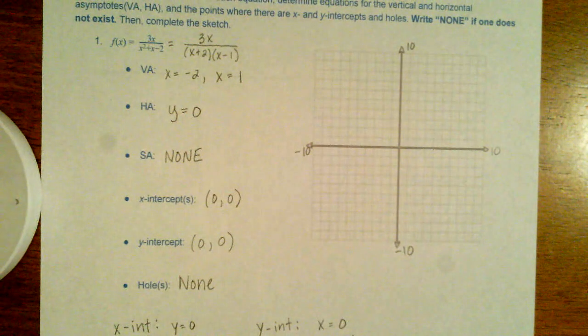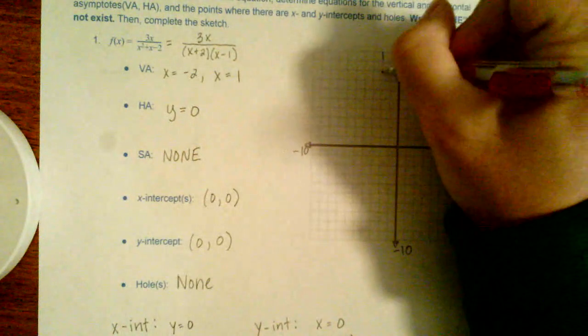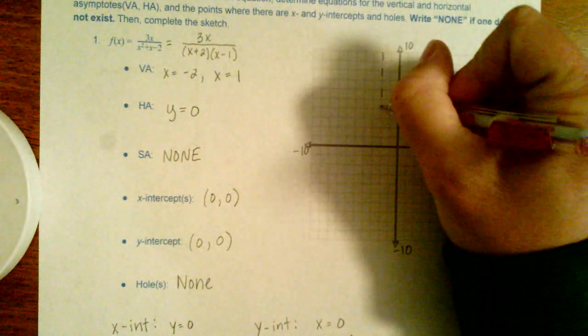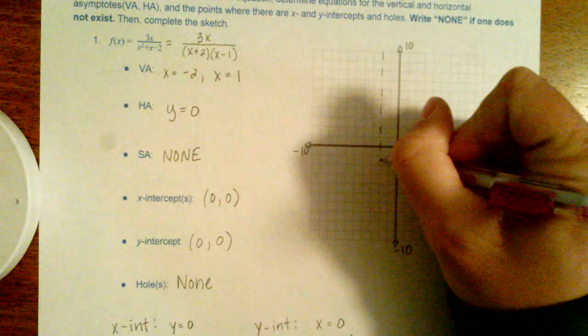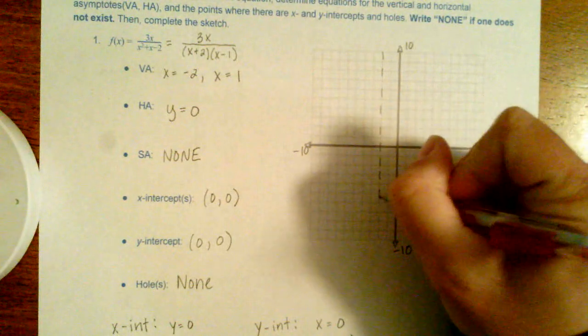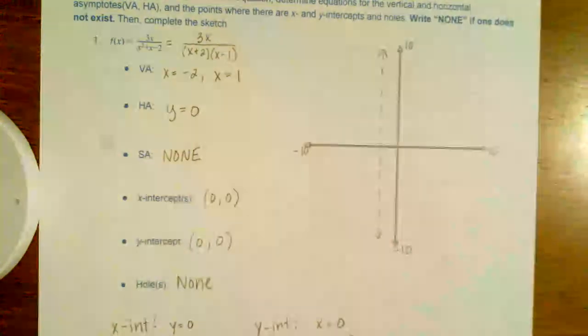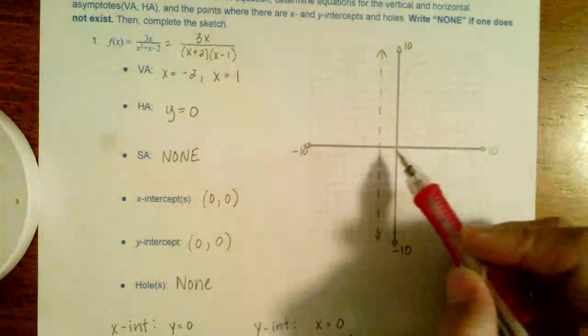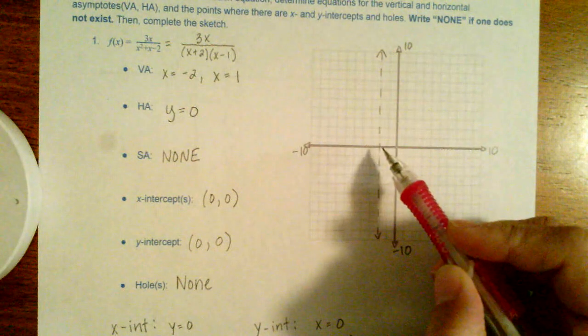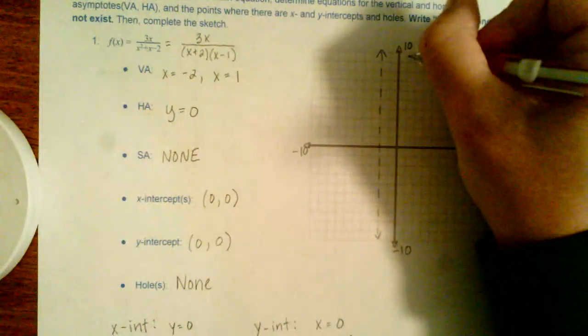When you draw in a vertical asymptote, you draw a dotted line. This is not part of the graph, but it gives us important information. So there's my first vertical asymptote at negative 2.